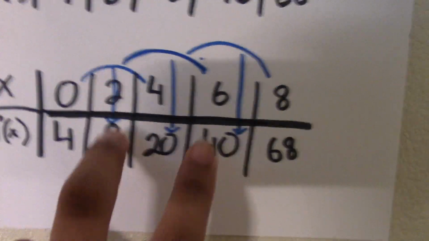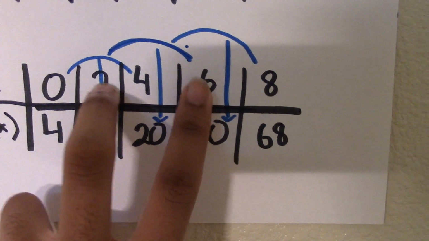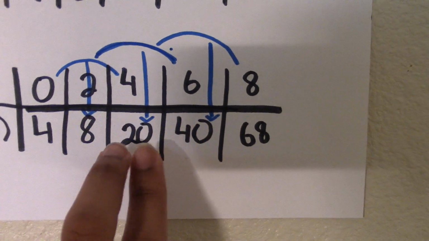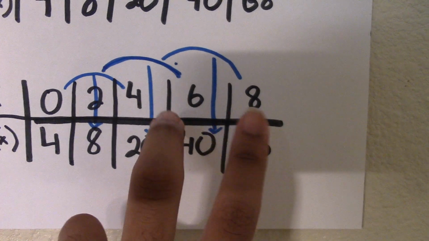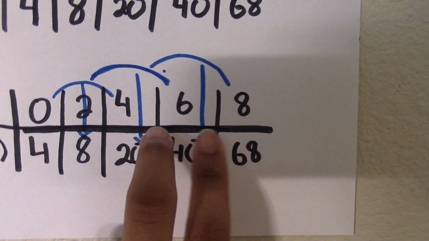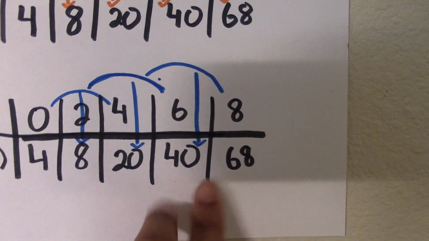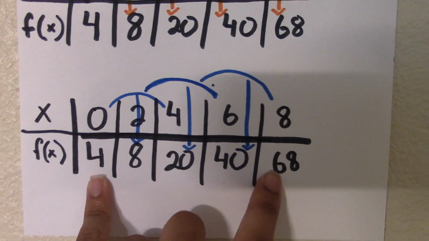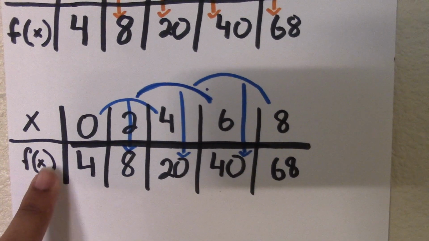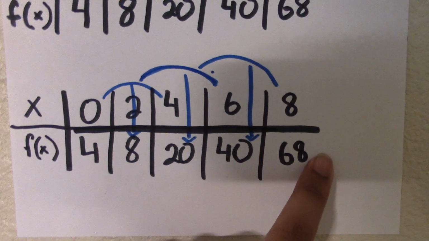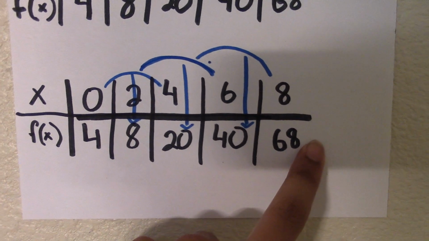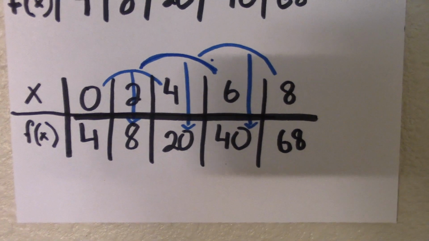And then you're going to do it again for 2 and 6. The difference is 4 again, and then you're going to go down to the middle, and that would give you 20. Then you do it again for 4 and 8. You go down to the middle. The difference is 4, and that gives you 40. Notice we didn't use the 4 or the 68 because they don't have anything that we can use on the other sides of them, or the problem didn't want us to do that. Of course, I probably could have done it, but the problem does not call for it.